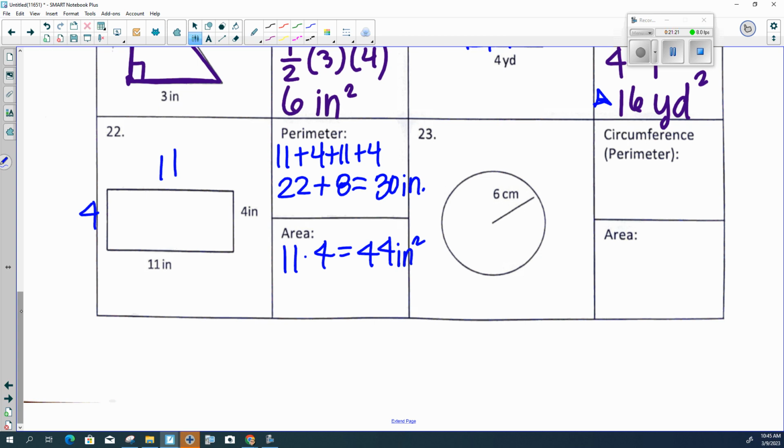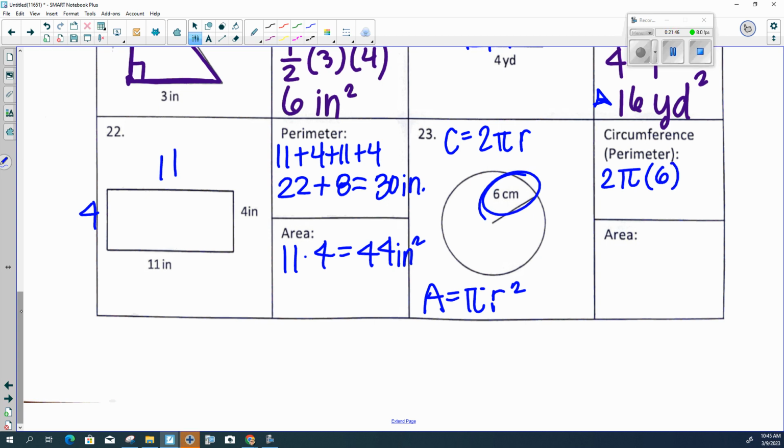All right, and then the circle, who has all of its own vocabulary words. So circumference is 2 pi r, and area is pi r squared. So 2 pi, and the radius in this one is 6.